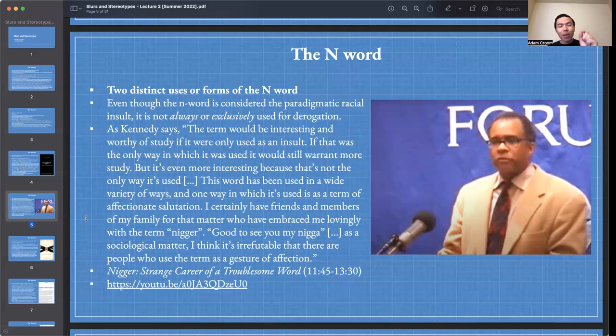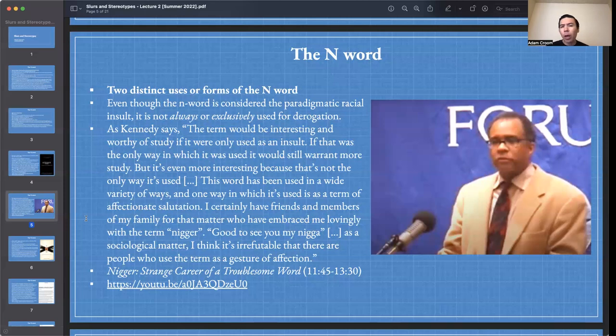Even though they're the most offensive words, they can also be used for other purposes and in a non-derogatory way. So for example, Randall Kennedy, who's a law professor at Harvard University, as well as a leading scholar on slurs, says, quote, "The term would be interesting and worthy of study if it were only used as an insult.